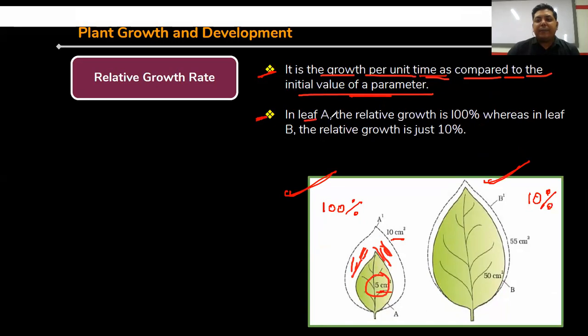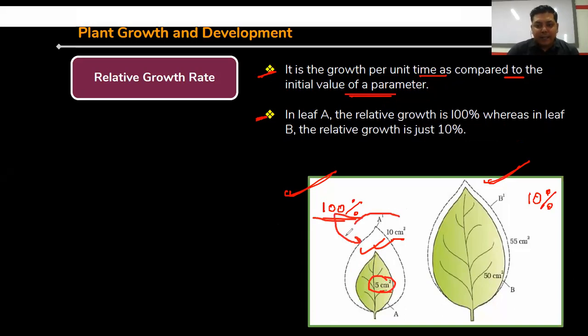Here, in leaf A, the relative growth rate is 100%, whereas in leaf B, the relative growth rate is 10%. So try to understand here, the original leaf size or leaf length is 5 cm square, and it is increased more than the previous one. So we can call here the 100% growth is found.